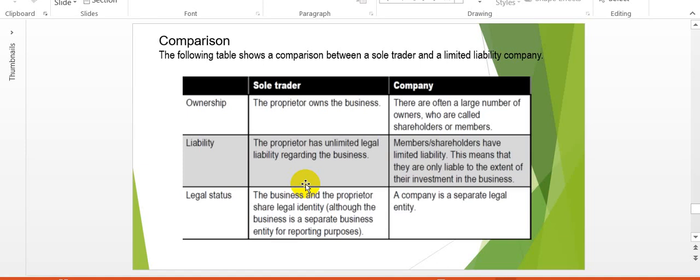Although the business is a separate business entity for reporting purposes, just for reporting purposes, there's no distinction, meaning the sole trader will still be held accountable for the dealings of the business. For a limited company, the company is treated as a separate legal entity. So if the company fails, you cannot sue the owner of the limited company.